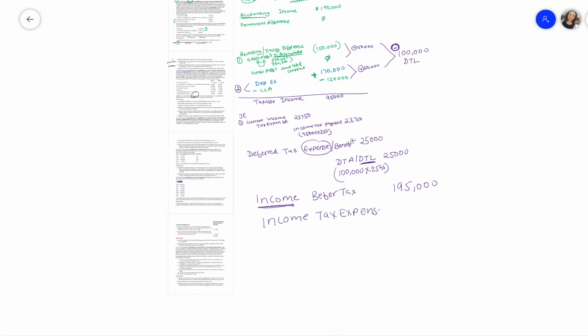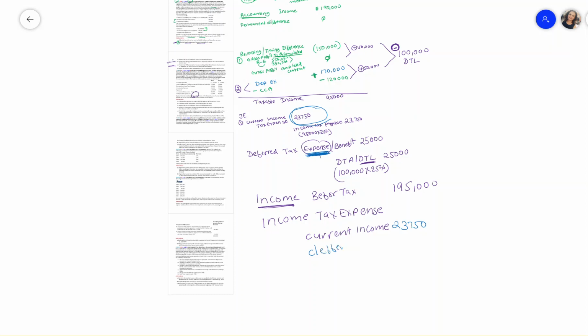After this heading, we could have two things. We could have a current income tax, which, if you have an income, you are going to have. So where am I going to get that current income tax? We already did a journal entry. So our current income tax in this case was 23,750. And then we have a deferred tax expense, or a deferred tax liability. If you have a debit entry, we have a deferred tax expense.